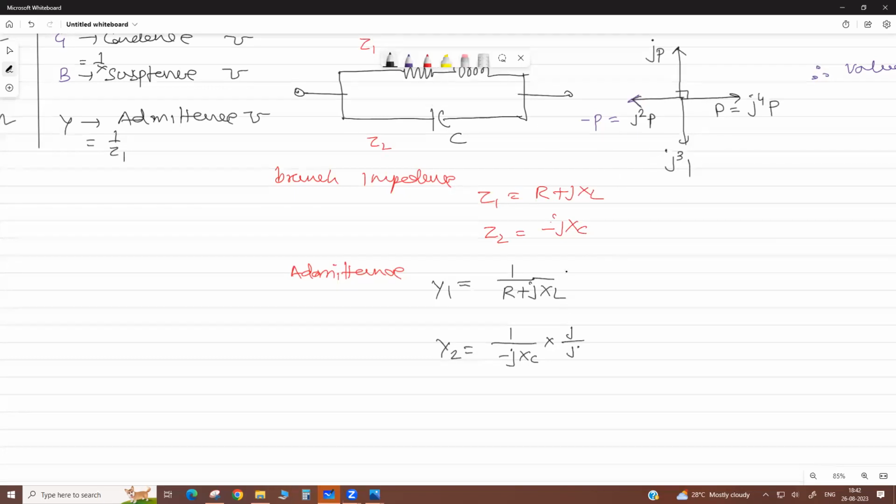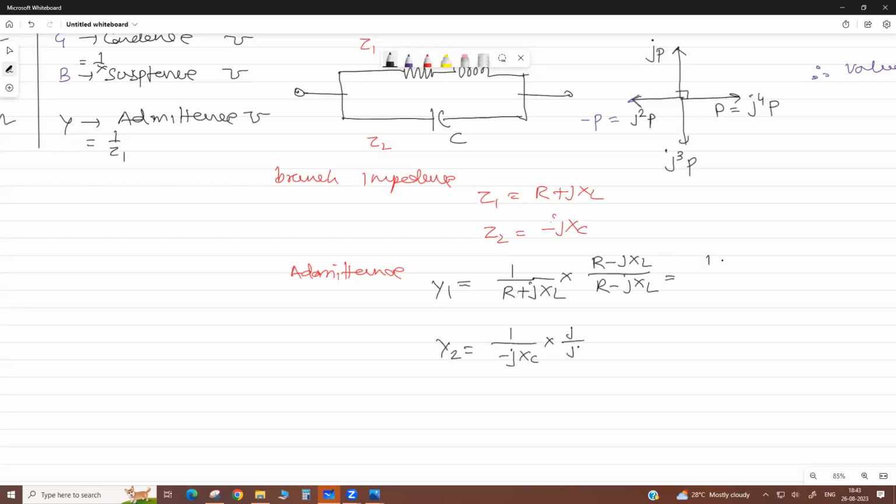Now you come again here. So we can multiply this with the complex conjugate of this, minus jXL. If we multiply and divide this with the same number, then nothing changes. This value is not changed. Now, what did this become?